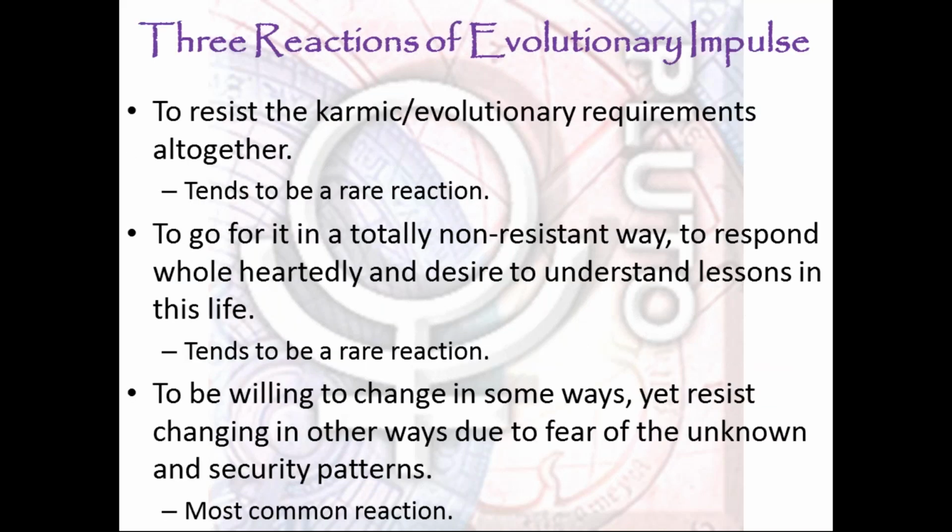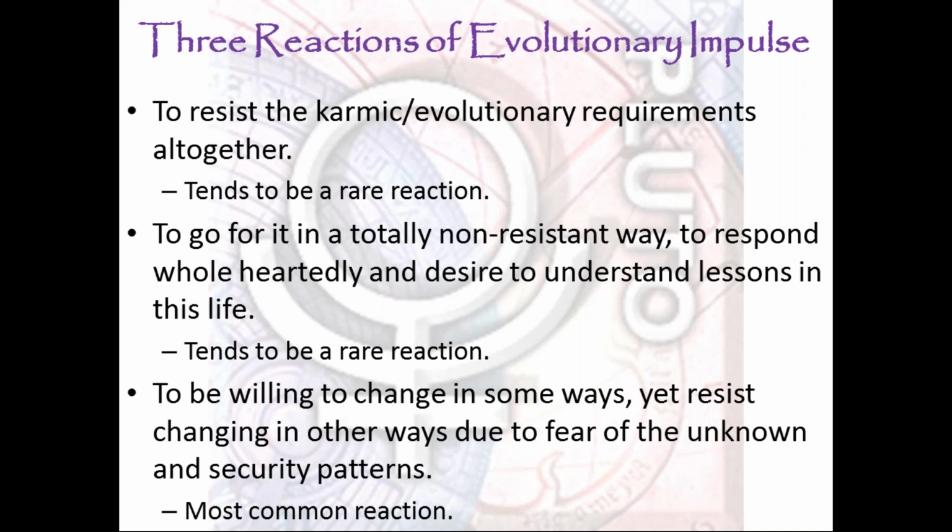There are 3 reactions to the whole evolutionary impulse with Pluto the Soul. We can totally resist. That has a tendency to be rare. We can totally go for it 100%. That tends to be rare.